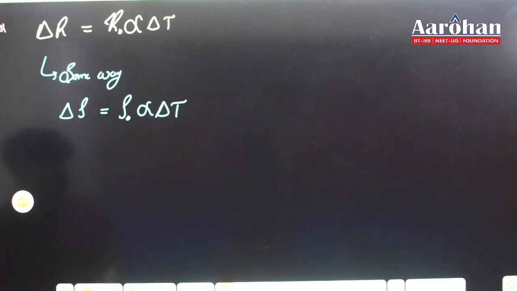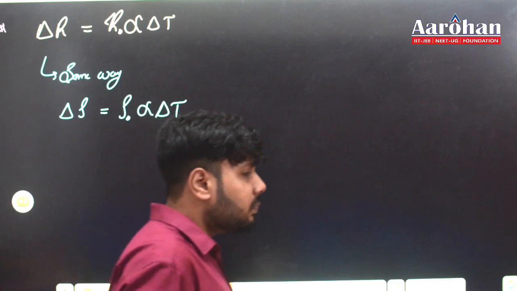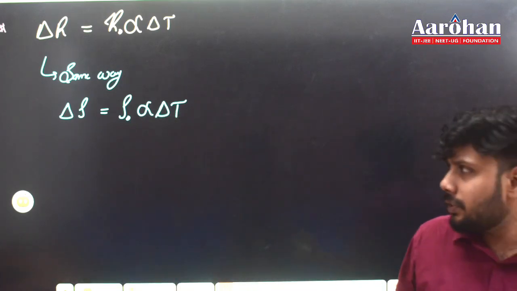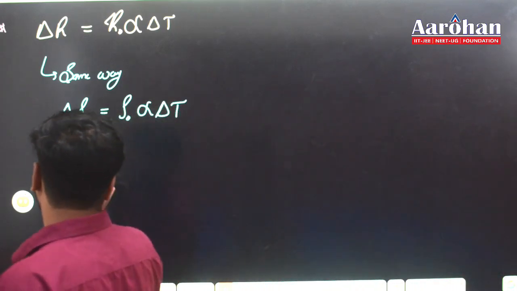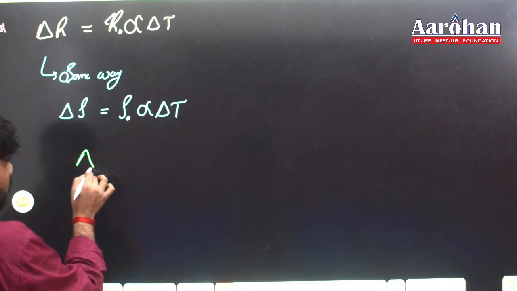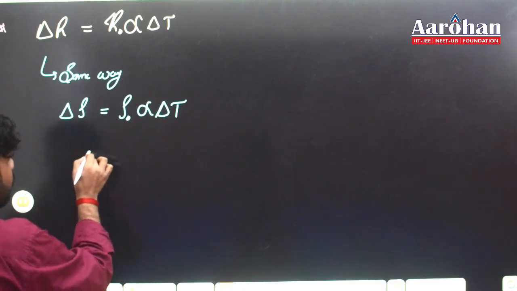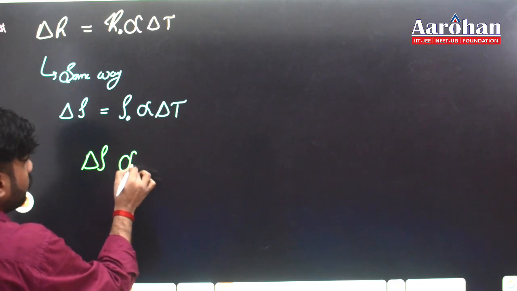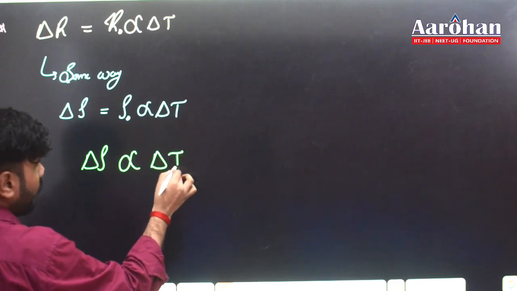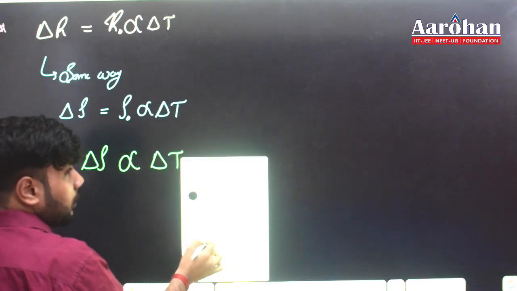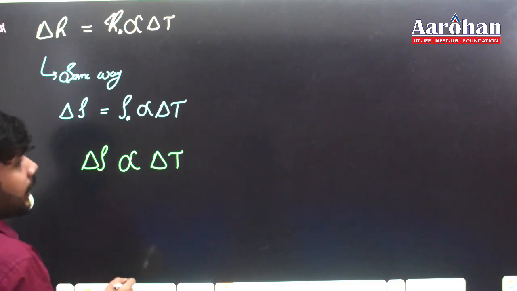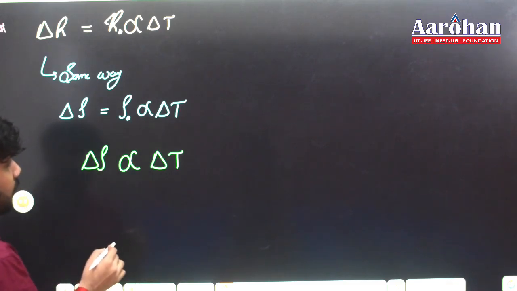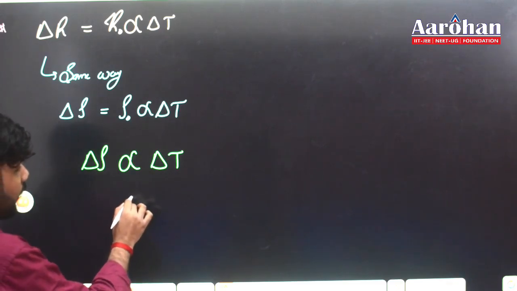Because today we are going to discuss the nature of resistivity versus temperature. From the equation it is pretty clear that change in resistivity is directly proportional to change in temperature. That gives you an idea that as temperature increases, resistivity increases linearly, right?